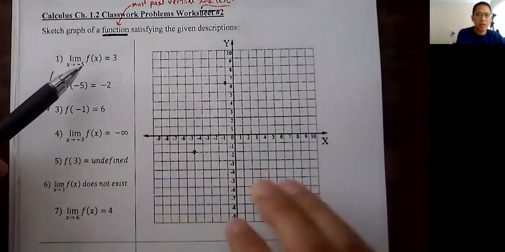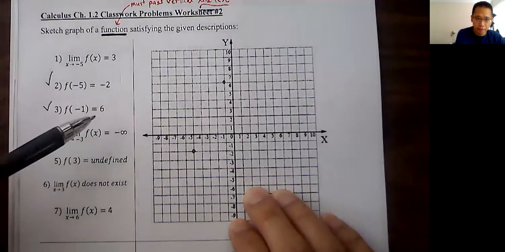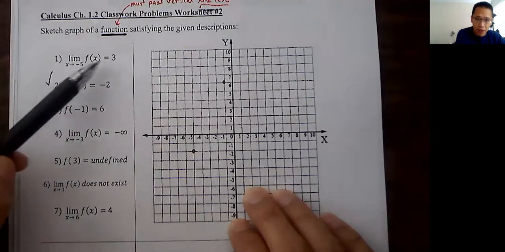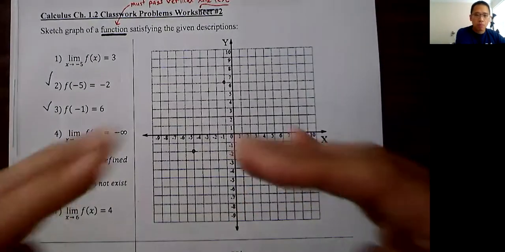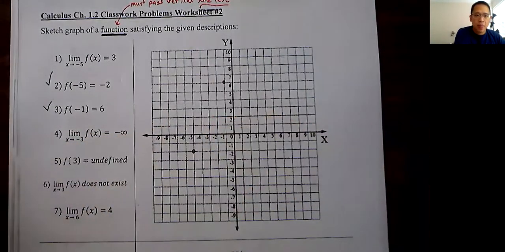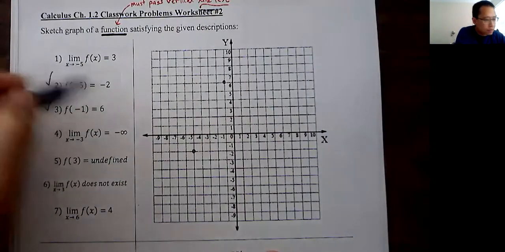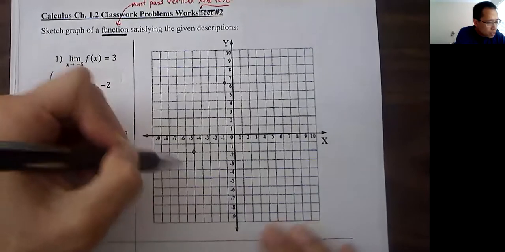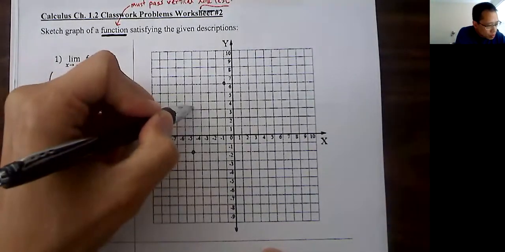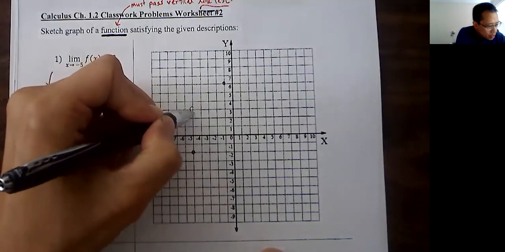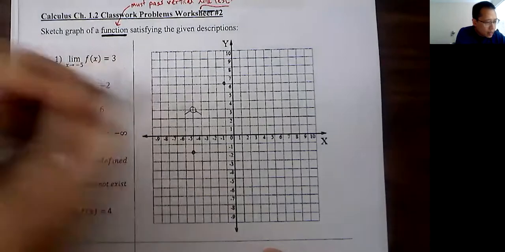On either side of -5, we want the graph to move towards 3. It doesn't mean that the graph is going to live at 3. It just means that it's going to move towards that y value of 3. So at -5, I want both sides of the graph to move towards 3. So I'm going to put a hole there, and I'm going to extend the graph a little bit on both sides, and I'll finish it later.